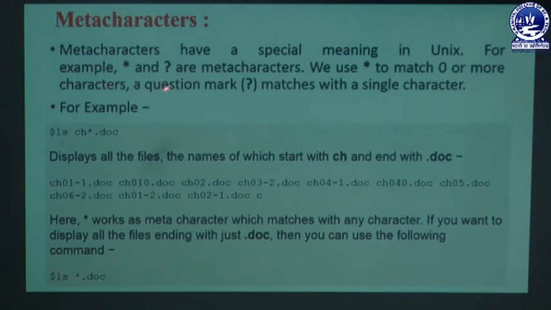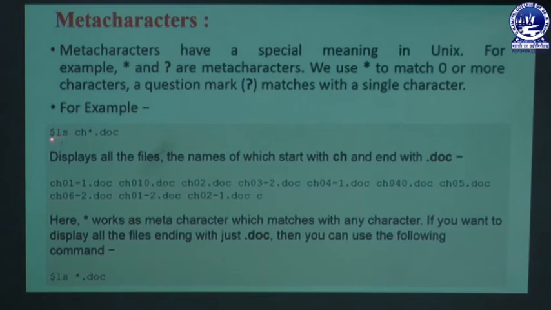Then there is the question mark. The question mark matches a single character only, and never matches multiple characters. So the question mark denotes a single character, and the asterisk denotes more than one character in our file system, as already discussed through an example.